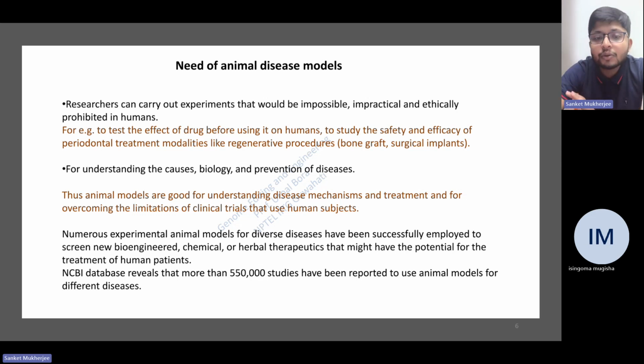For that we require animal models. Numerous experimental animal models for diverse diseases have been successfully employed to screen new bioengineered chemical or herbal therapeutics that might have the potential for treatment of human patients. There are more than 550,000 studies that have reported using animal models for different diseases in NCBI alone.